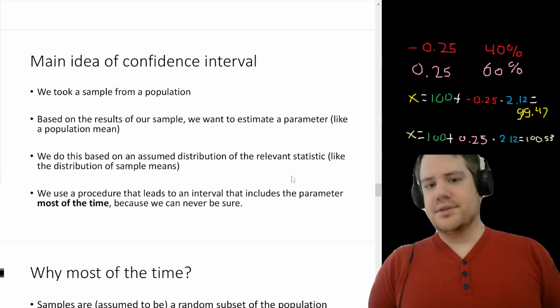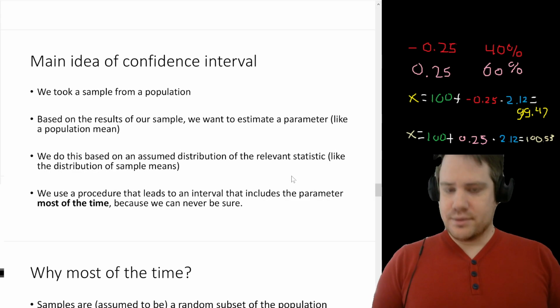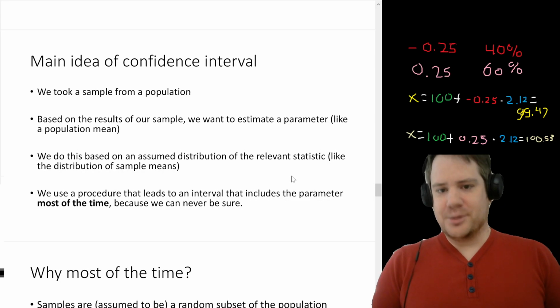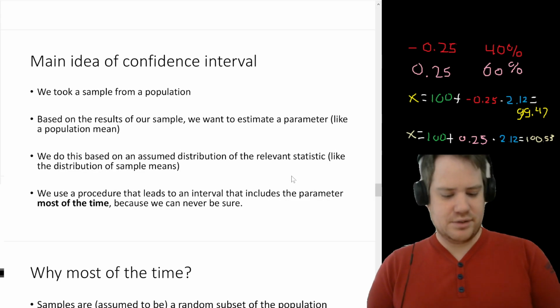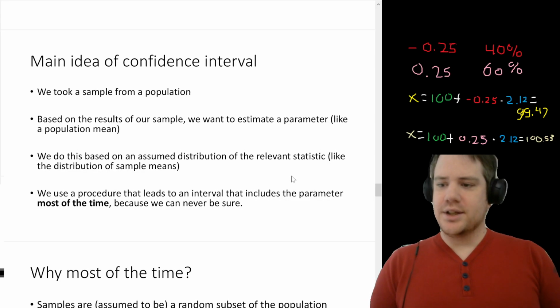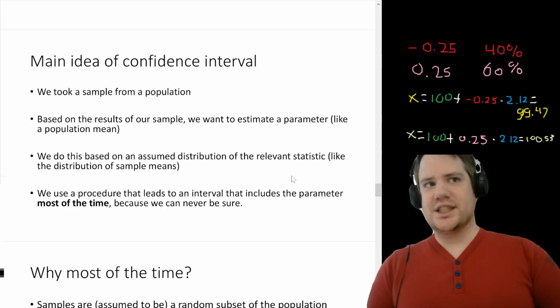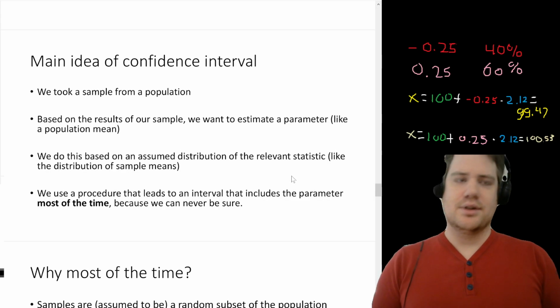A confidence interval is when you took a sample from a population, and based on the results from our sample, we want to estimate a parameter. So for example, we found a sample mean. Okay, cool. But based on that, I want to say something about the population at large.